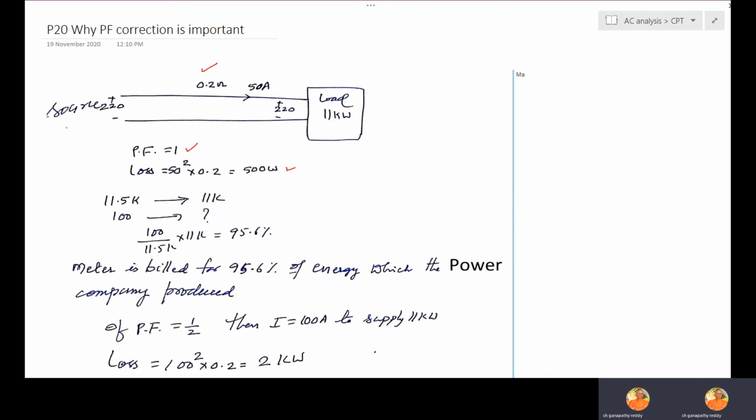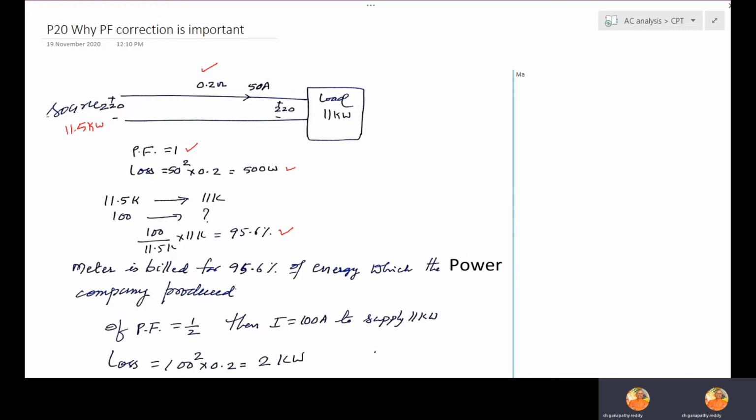If the source is supplying 11.5 kilowatts, with 500 watts, 0.5 kilowatt, lost in the transmission line, effectively how much is transferred? 11 kilowatts. So out of 11.5, 11 is transferred. If it is 100, how much? 95.6% only is billed. The meter is billed for 95.6 of the energy which the power company produced.